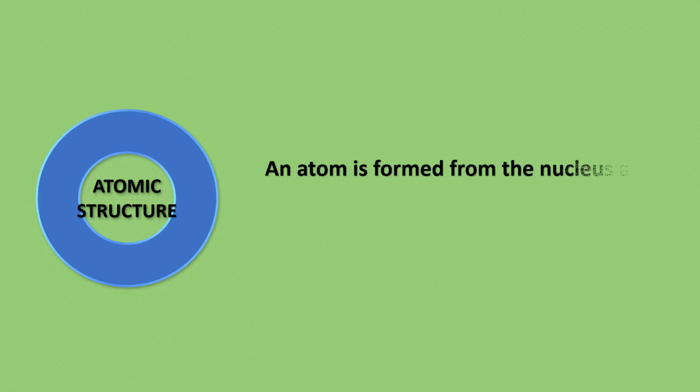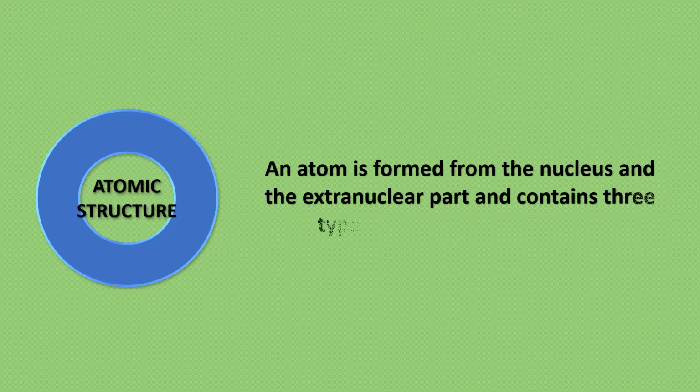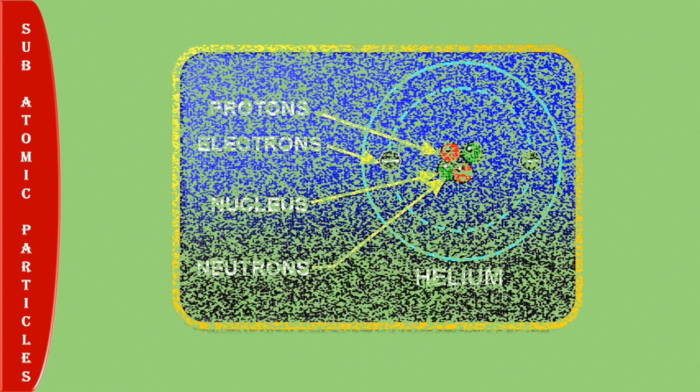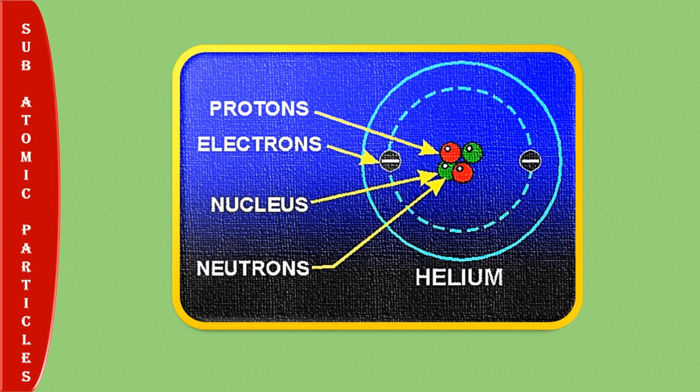An atom is formed from the nucleus and the extranuclear part, and it contains three types of subatomic particles. The subatomic particles are the protons, electrons, and neutrons present in atoms.